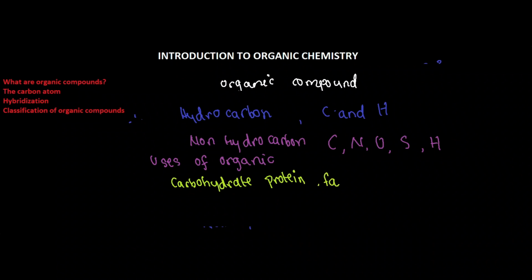Organic compounds are used in making detergents. They are used in making beverages like alcohol. Alcohol is an organic compound. There are a lot of other uses of organic compounds.